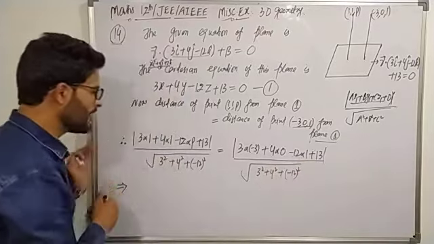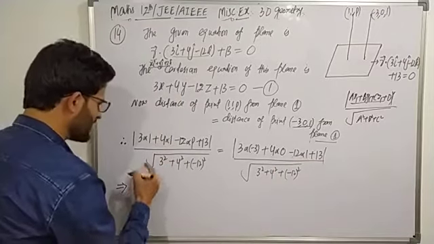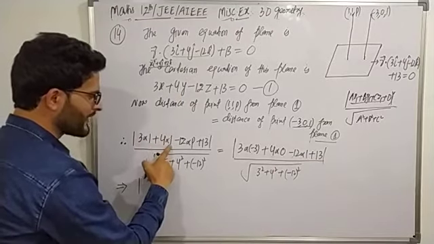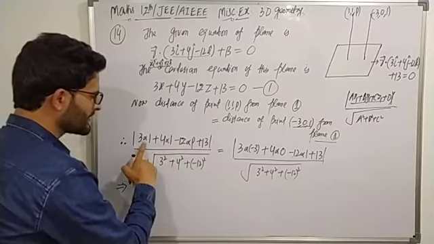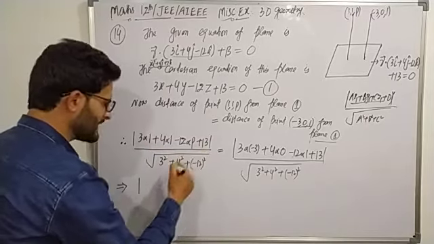तो ये कैंसिल होगा. तो क्या बचेगा, मॉड ऑफ 3 1s are 3, 4 1s are 4, that is 3 plus 4, that is 7, 7 plus 13, that is 20.